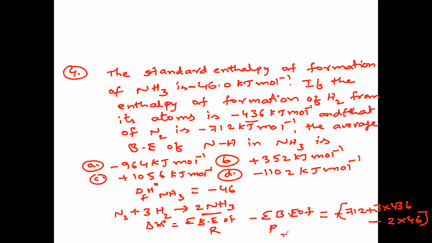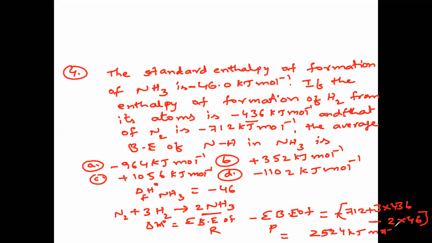So 712 plus 1308 is equal to 2020, plus 2 into 46, that is 92, is equal to 2524 kilojoules per mole.